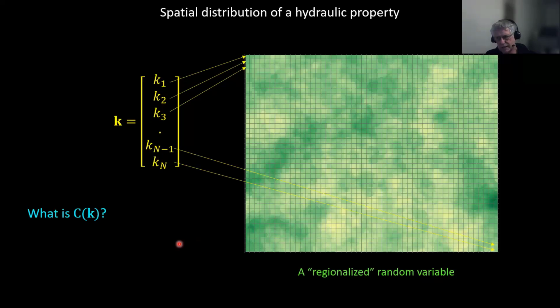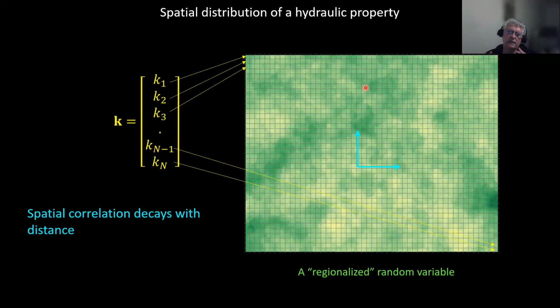So what is CK? Well, let's start by recognizing that these variables are not statistically independent. If K is higher here, it's probably going to be high here and here too. That is, we expect that if there are anomalous values of K, they will pertain to a certain area. You can't have very high in one place and very low in the next cell.